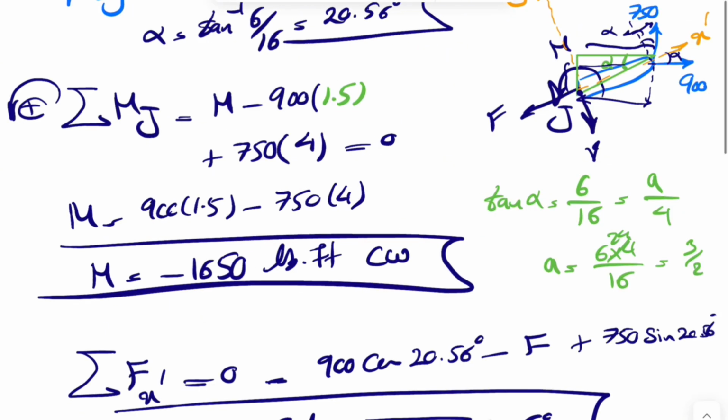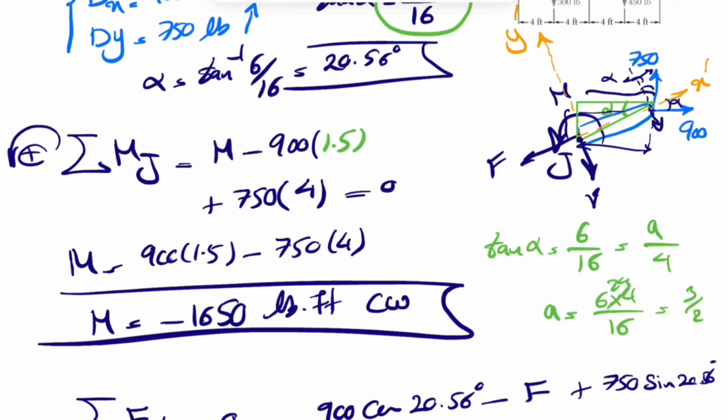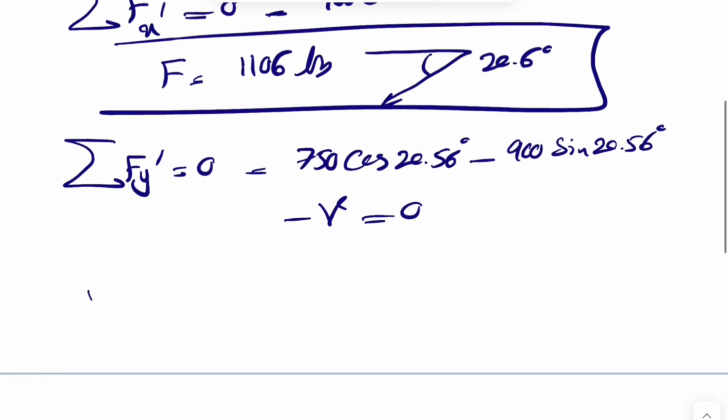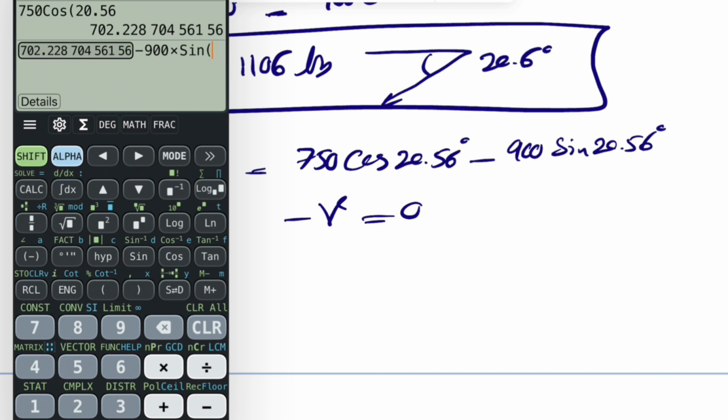Our Fy this time has the y component of each, so 750 cosine of 20.56 minus the y prime component, which would be negative, so minus 900 sine of 20.56, and we're going to have minus V equal to 0. Our V is downward, so we can find our V, which will be 750 cosine of 20.56 minus 900 times sine of 20.56.